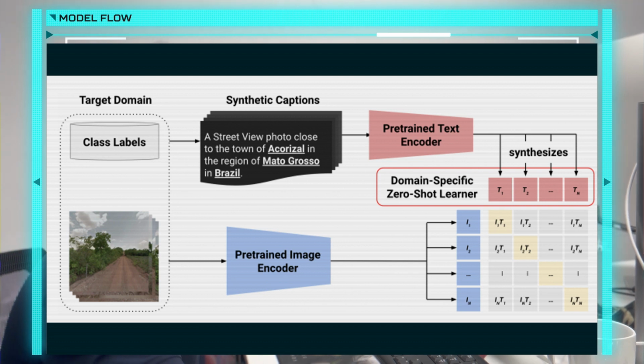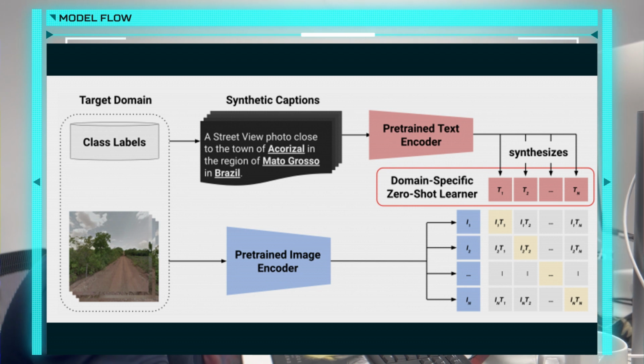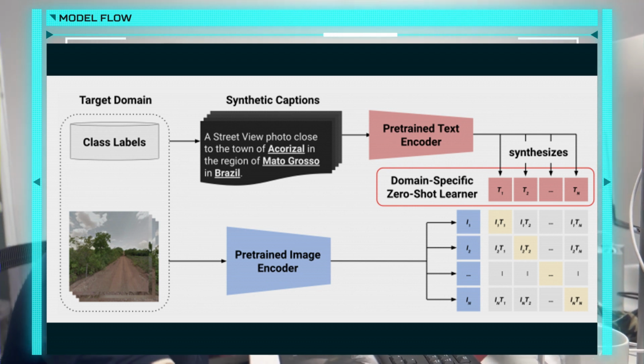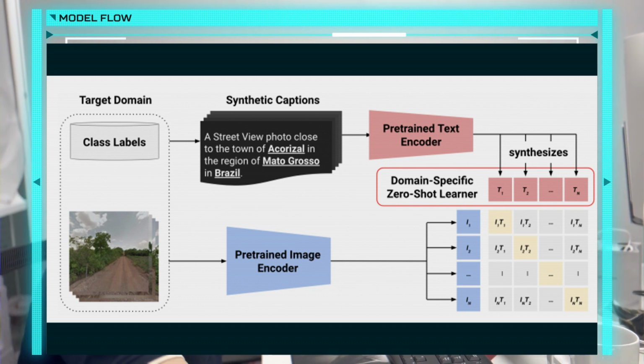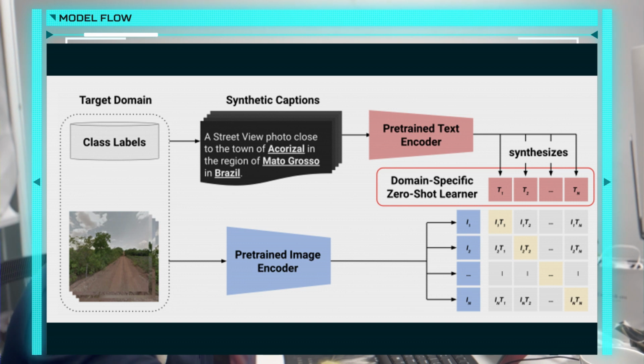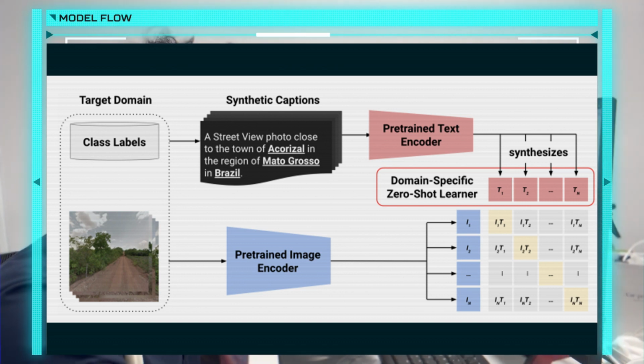And the image encoder block can encode the information of text into the image embedding. For example, a picture captured in Paris should be encoded to represent that it is Paris.